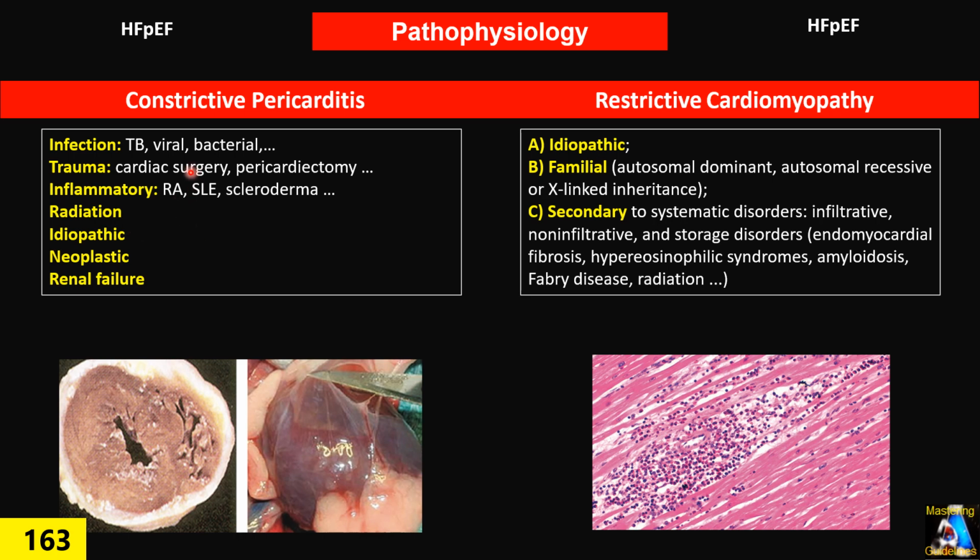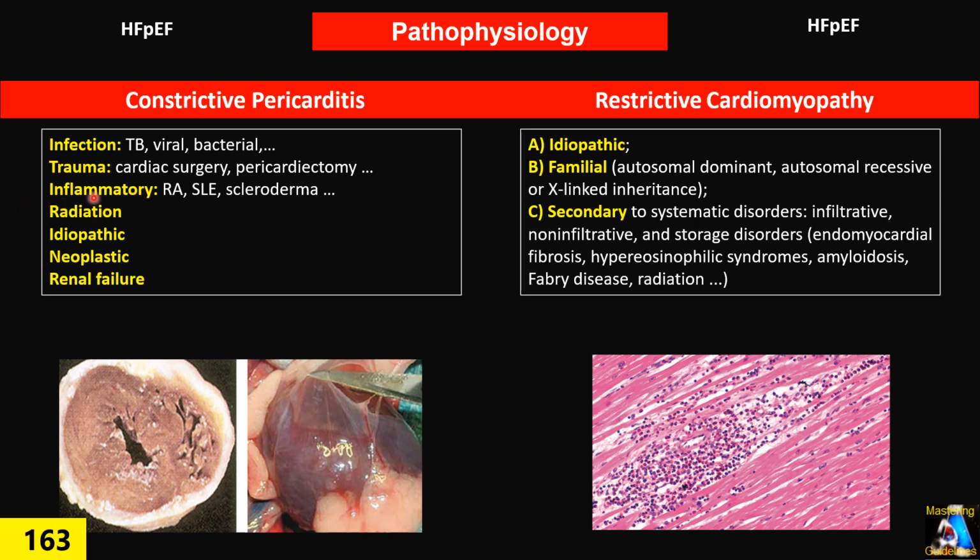Among the causes of constrictive pericarditis, infections are at the top, and among them, tuberculosis in undeveloped countries and viral infection in developed countries are the most common causes. But it can also be due to trauma, inflammatory disease, especially rheumatoid arthritis and lupus, radiation, idiopathic causes, neoplasia, especially metastatic, and end stage renal disease.